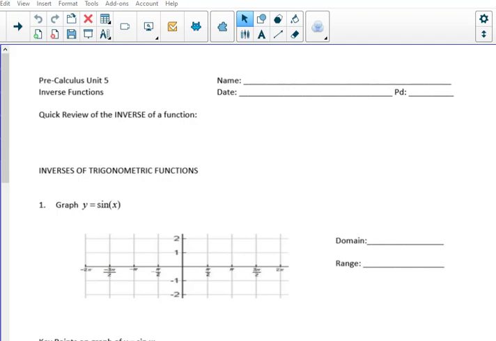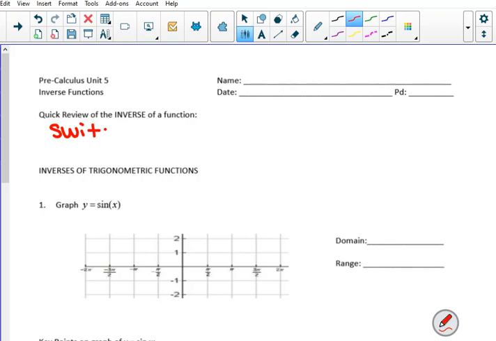So remember, we talked about an inverse. An inverse of a function is when we switch x and y, or domain and range. For our trig functions, typically our domain is an angle and our range is a value.